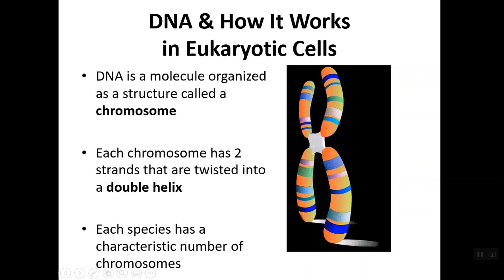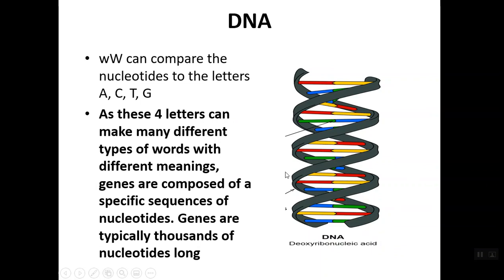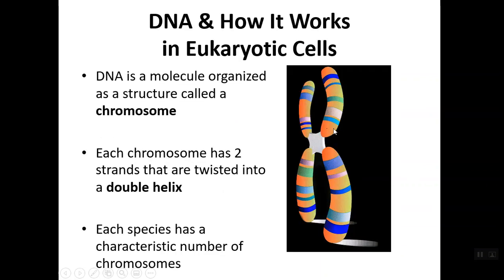Now, in eukaryotic cells, which is the type of cells we're going to focus on, because these are the types of cells that compose animals, remember that DNA is organized in a structure known as a chromosome. And each chromosome has two strands of DNA that are twisted into a double helix, as shown here. Each species, from protists to the most complex of the animals, has a characteristic number of chromosomes.